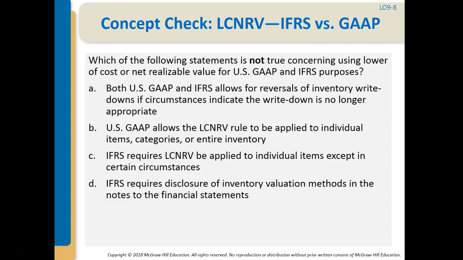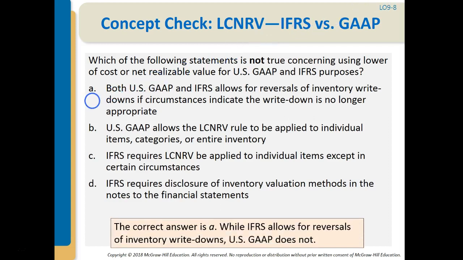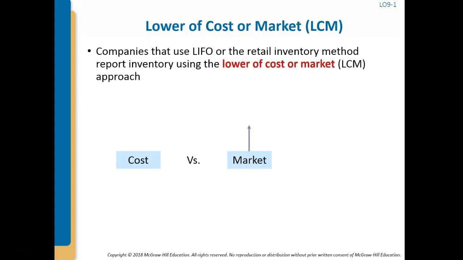U.S. GAAP allows the LCNRV rule to be applied to individual items, to categories, or to the entire inventory. IFRS requires LCNRV to be applied to individual items except in certain circumstances, and IFRS requires disclosures of inventory valuation methods in the notes. So all of these are true except for A. While IFRS allows reversals, GAAP does not.